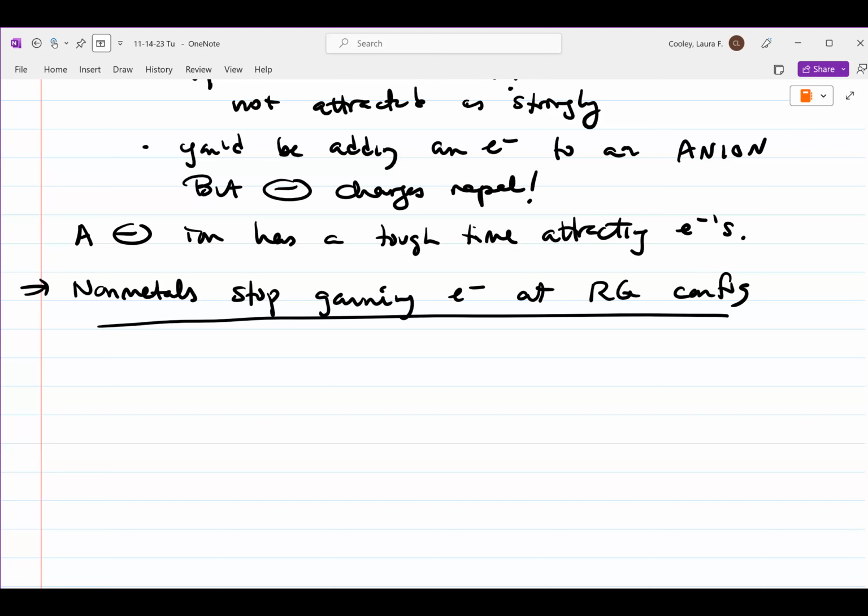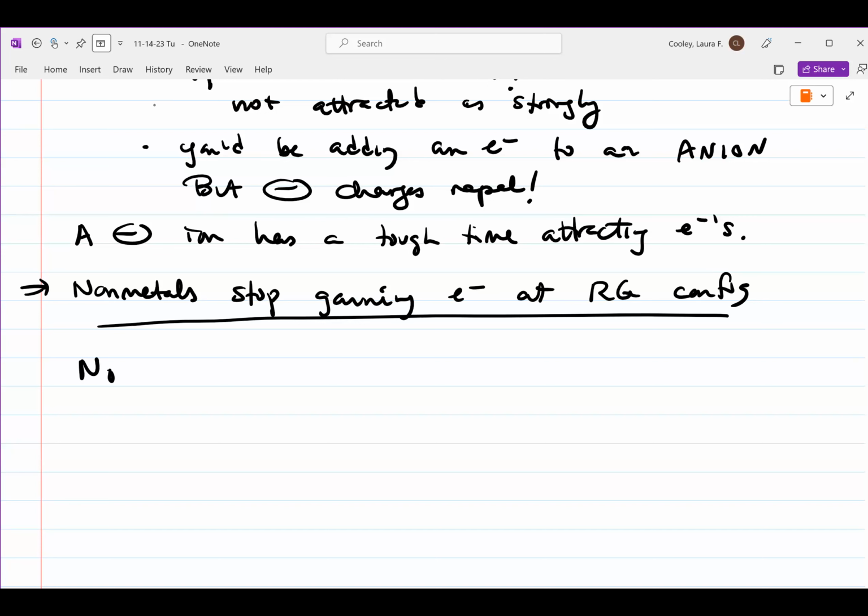Also, nonmetals are involved in many, many compounds that are not ionic compounds, but they still share electrons to try to get a filled shell, try to get a rare gas configuration.